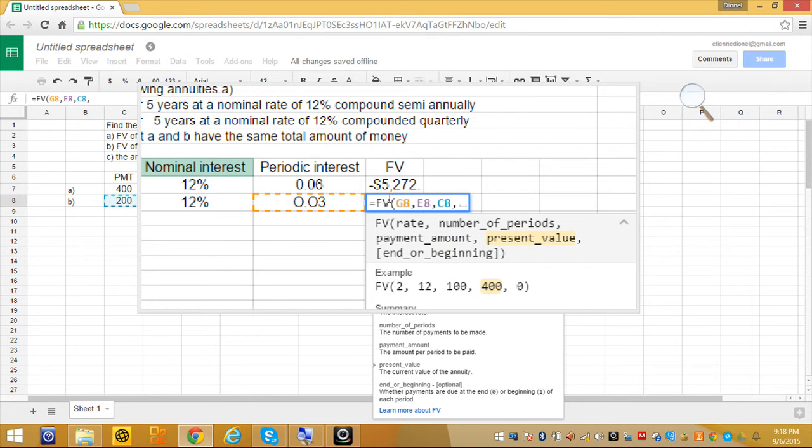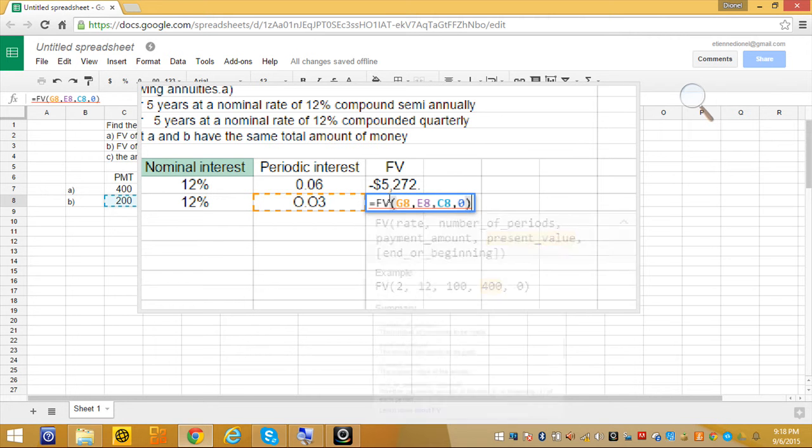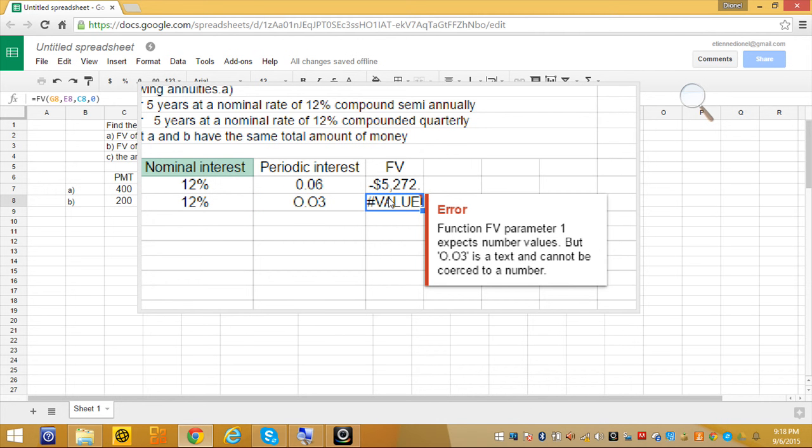And then present value is 0. Close the parentheses. What's going on? I don't know what's wrong, guys. It expects a number value, but is it text?